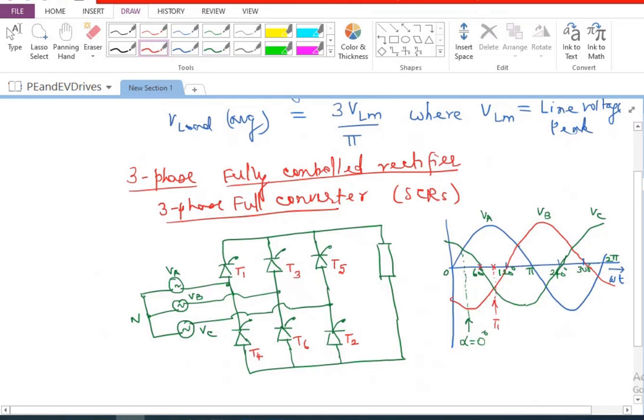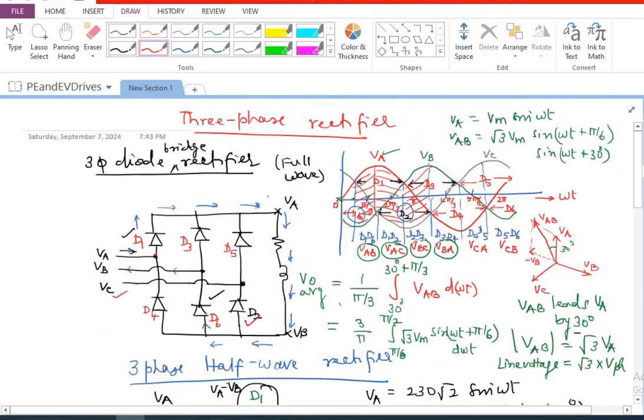And from there, exactly 60 degrees later, because even if you look at the diode rectifier, very clearly D1 was taking over at this point, D2 was taking over at this point, D3 was taking over at this point. So all of them are displaced from each other by 60 degrees. So if D1 is starting at omega t equal to 30 degree point, D2 will start at omega t equal to 90 degrees, which is 60 degrees away.